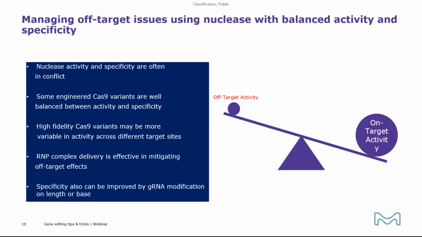But in general, if you use RNP complexes with a high-fidelity nuclease, off-target sites with 3 or more mismatches are generally not a concern.